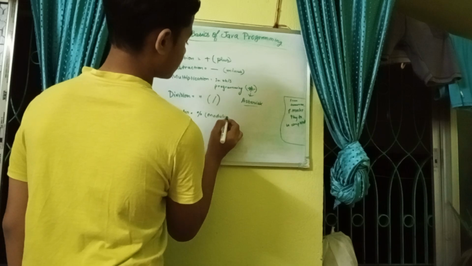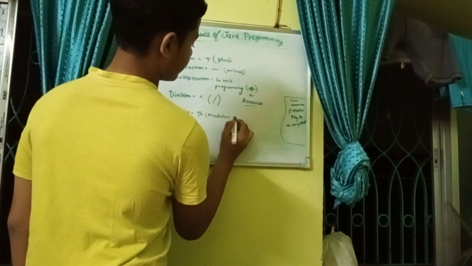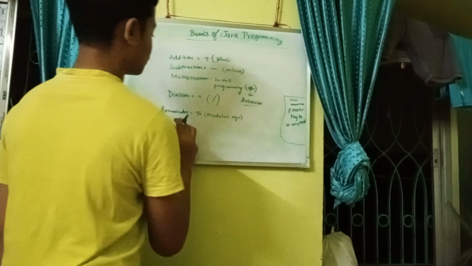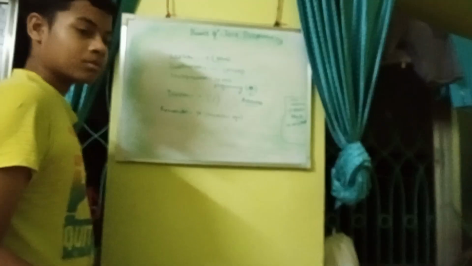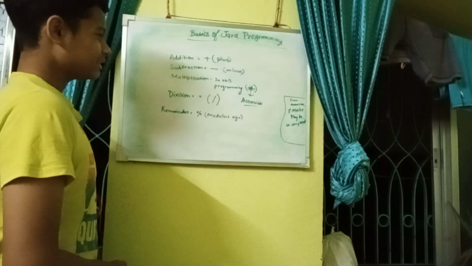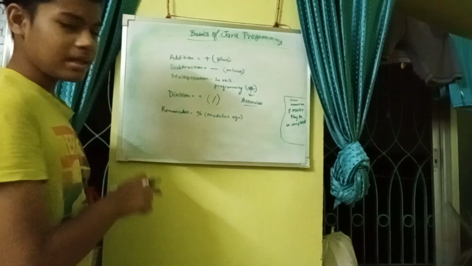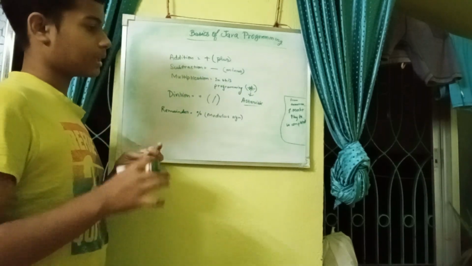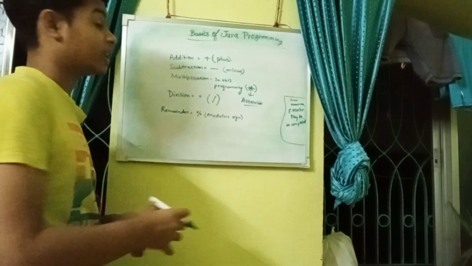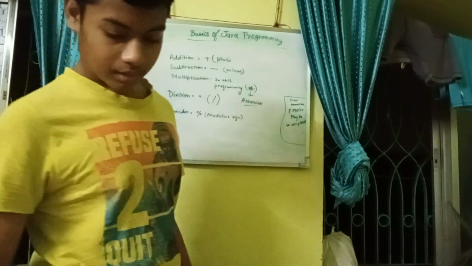The modulus sign is for finding out the remainder after division. These are the simple operators for doing any mathematical calculation in Java programming. So these five things are needed till now.